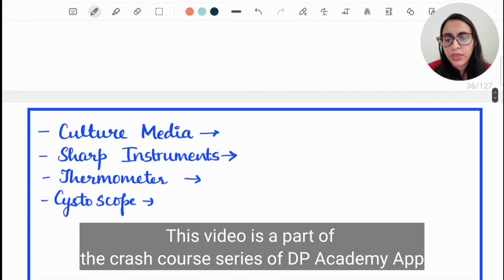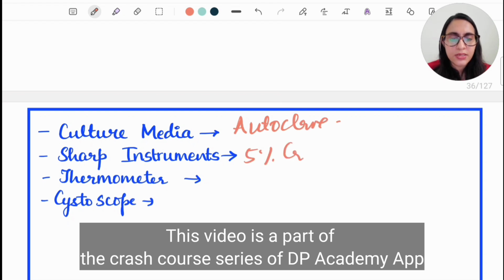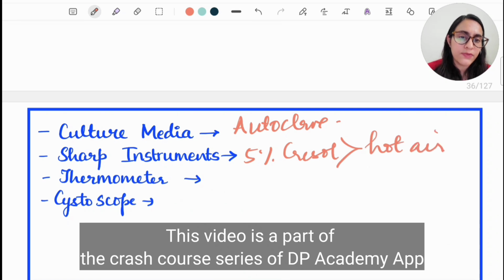Now coming to the culture media, it is sterilized by autoclave. For sharp instruments, you can use 5% cresol. Also, you can use a hot air oven. The best option is 5% cresol. Thermometer. Remember, I've asked this question, glutaraldehyde is used for all except questions. So thermometer was not the answer, it was the exception.